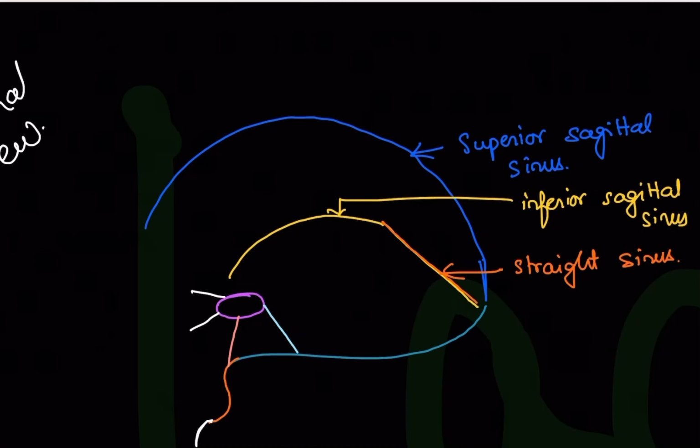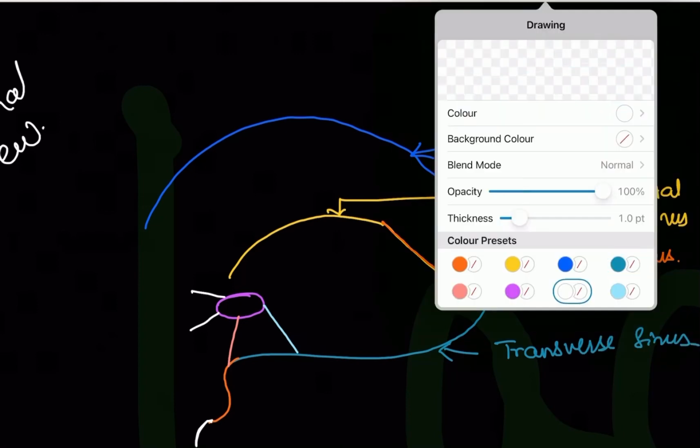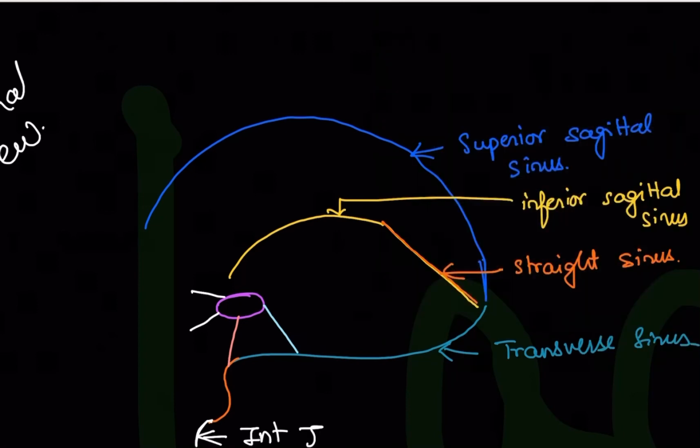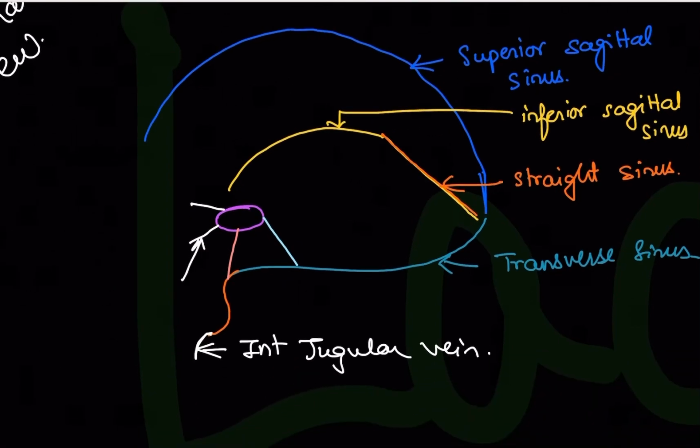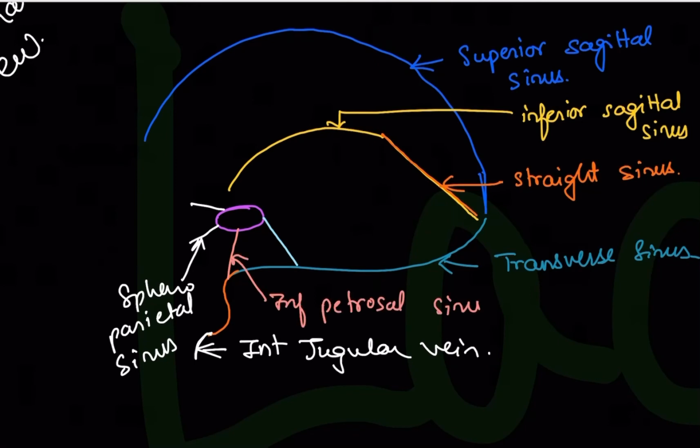I'm naming them, starting with the transverse sinus first. This is the transverse sinus. With this white color, I'll name the internal jugular vein. This is the sphenoparietal sinus. Now let's name the inferior petrosal sinus. This is the inferior petrosal sinus, and this is the superior petrosal sinus.